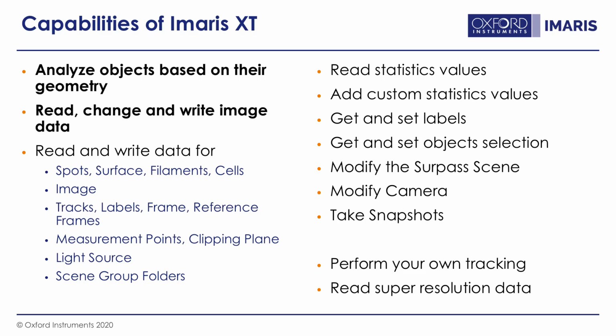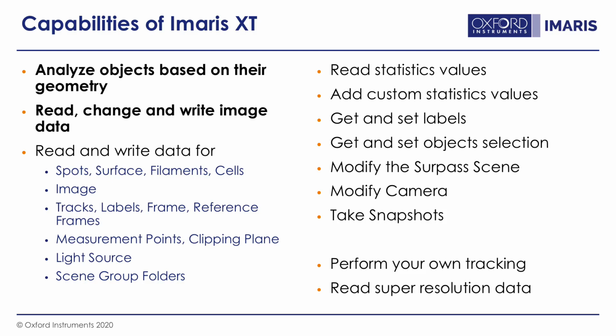So as we've seen in the example before, you can add an object to a group, you can generate a group, you can remove objects. Then, in addition to that, you can read statistics values, you can add your own statistics values, you can get and set the labels, you can select objects.